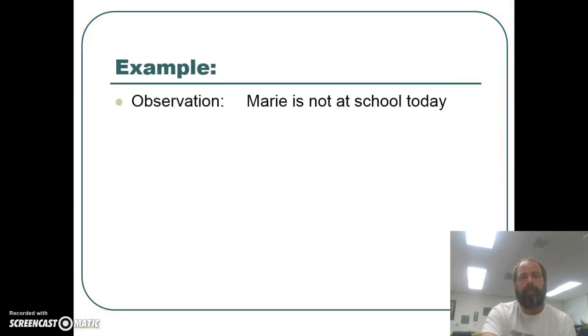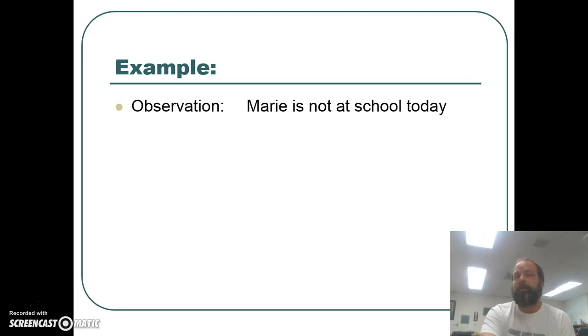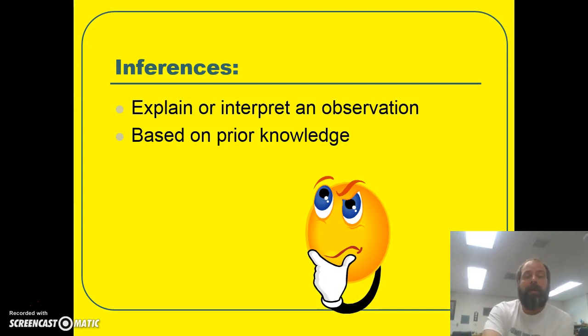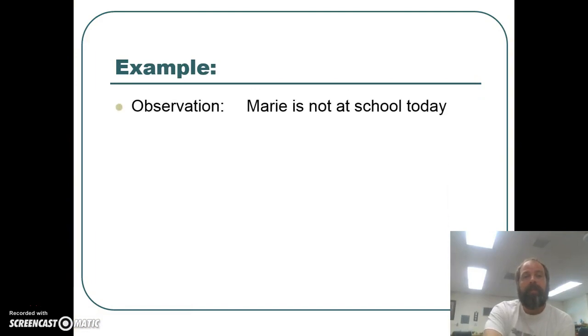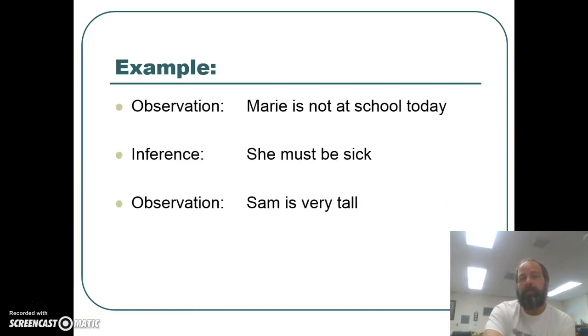So some examples. Some examples is, what's that? Oh yes, very good, Mrs. Kim. Mrs. Kim reminded me, an inference is not necessarily true. It just explains your observation, or tries to explain. So some examples are: Maria's not at school, she must be sick.